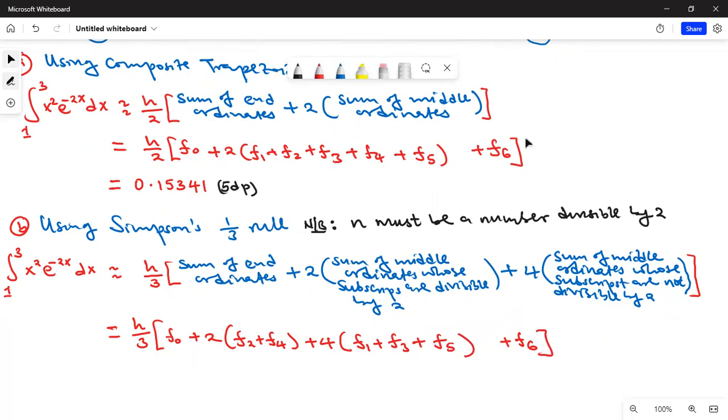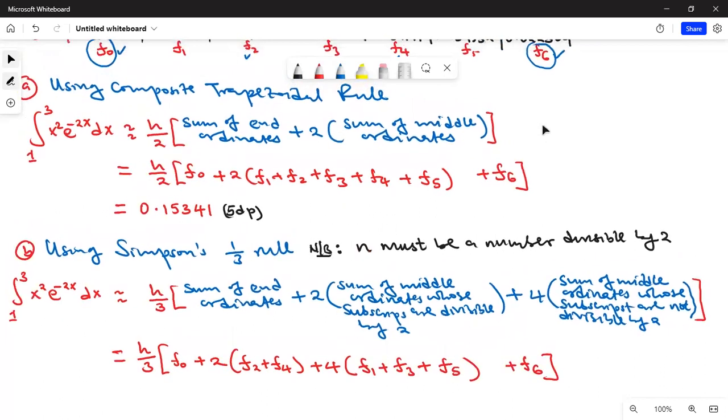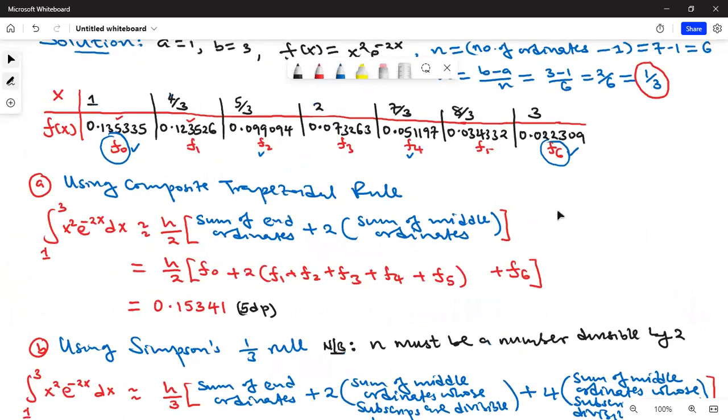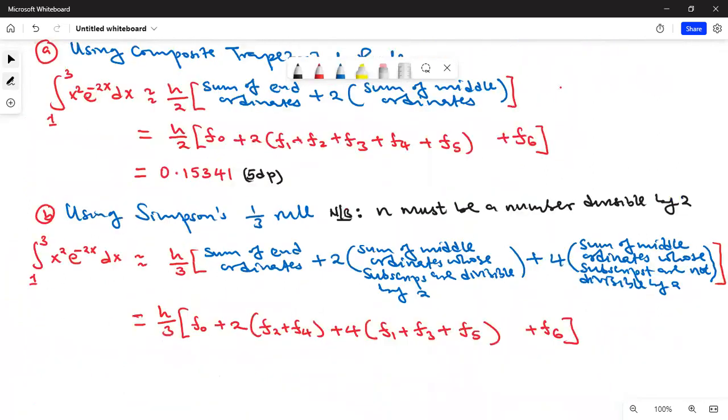Now press this in your calculator. H is 1 over 3, remember? So that would be 1 over 3 divided by 3, that is 1 over 9. And this function values, f0 all the way up to f6, you can refer to the values in the table. When you press in your calculator, you need to get your answer as 0.15363. Remember, we are rounding off to 5 decimal places.